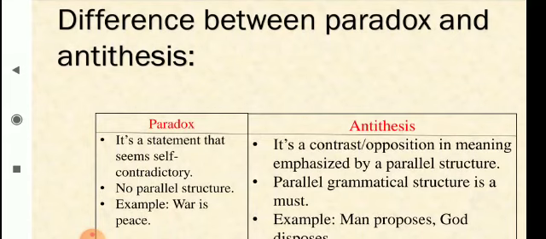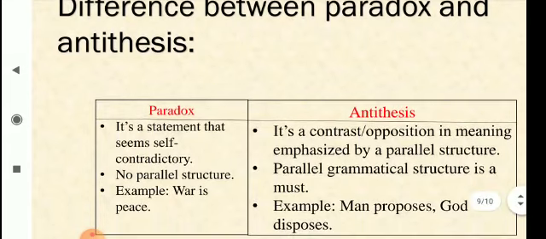In a paradox, we don't have a parallel grammatical structure. But for an antithesis, a parallel grammatical structure is a must. Example, war is peace. There is no parallel grammatical structure in war is peace. But this is a sentence which seems self-contradictory on its face, because war cannot be peace.